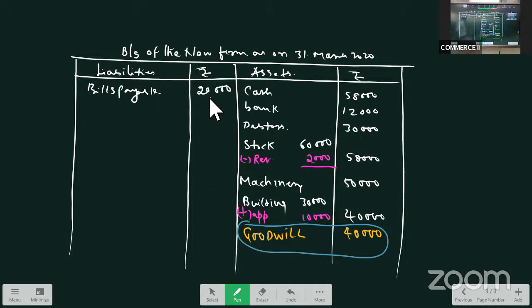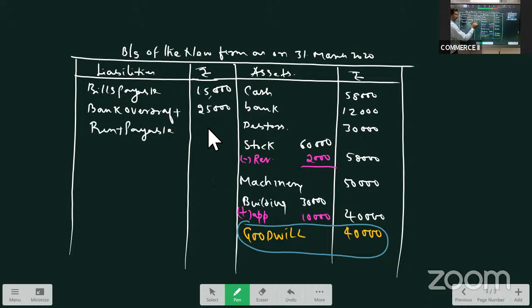Sorry, it's not 20,000, it is 15,000. Then bank overdraft, it is 25,000. Next, rent payable, 10,000. Rent payable is 10,000.